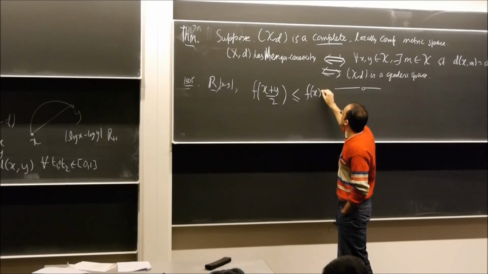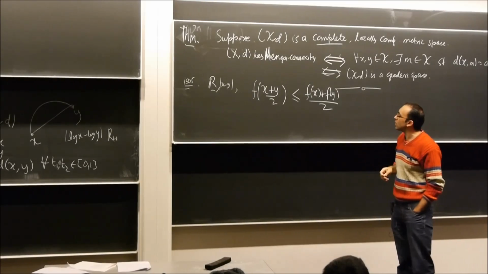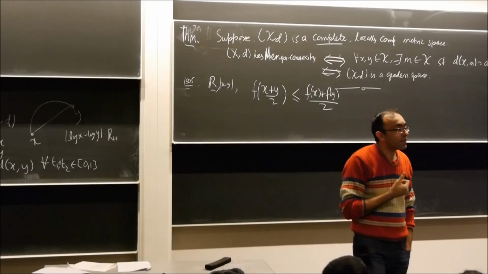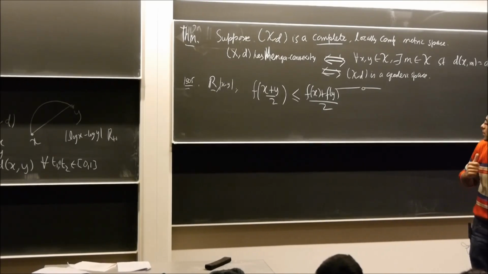Jensen looked at these types of functions and much more generalized versions of these. So we say that f is convex if it satisfies this midpoint convexity property.